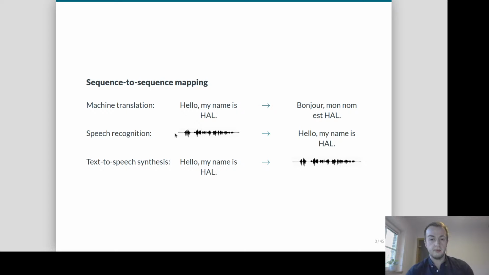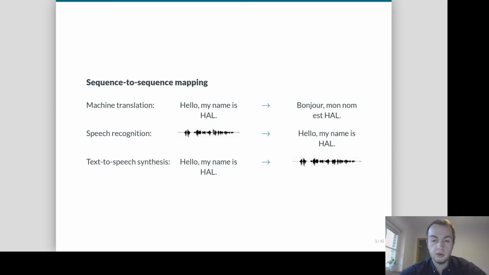So we'll frame these three problems as sequence-to-sequence mapping problems, meaning that we'll formulate our three problems as the problem of starting from some sequence, and this sequence can be either text or a waveform, so text like the one you see here in English, or waveform which would correspond to speech.